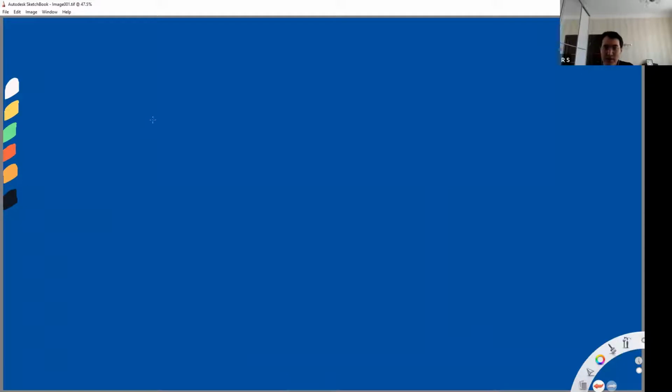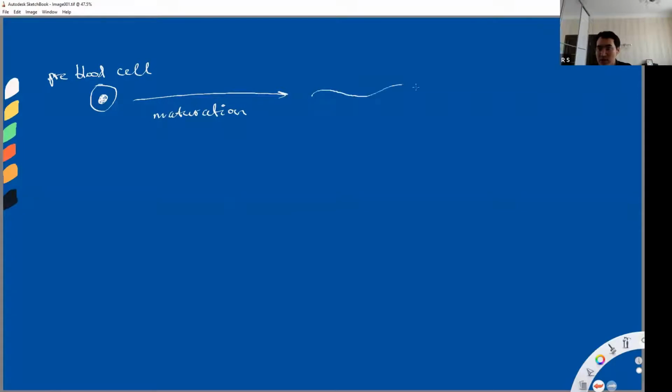So if you think about the erythrocyte, it starts with one of the progenitors of blood cells. And as any cell, it contains some kind of nucleus. But after the process of maturation, it becomes this discoid shape. If you look at it from the side, or you can also see it like this.